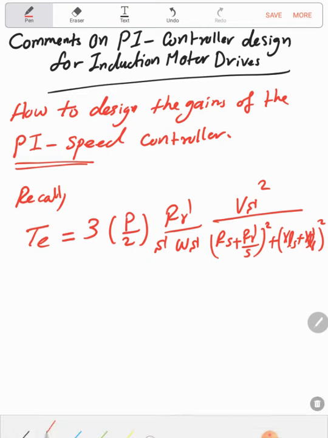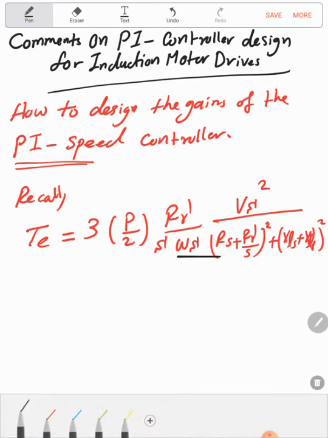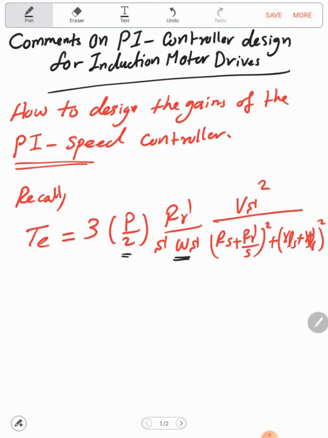Now here I use the electrical synchronous speed rather than the synchronous mechanical speed, which is related by P over 2.